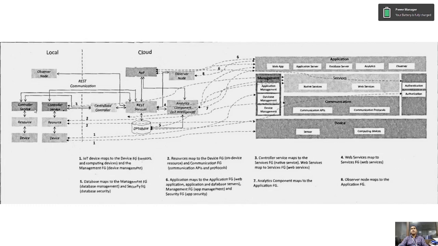The IoT device maps to the device functional group, as we can see here, and it is also mapped with the computing devices, sensors and computing devices which are all there in the device functional group, and also with the device management in the management functional group. Similarly, there are resources which are mapped to the device and communications functional group. Similarly, there is a controller service which maps to the services functional group. So different kinds of functional groups have been mapped in this case.